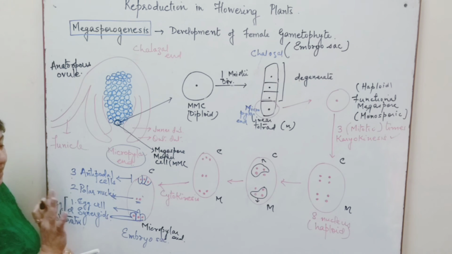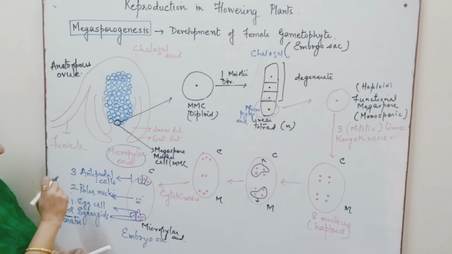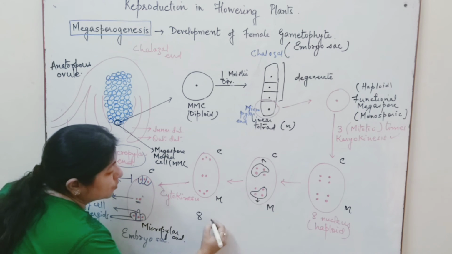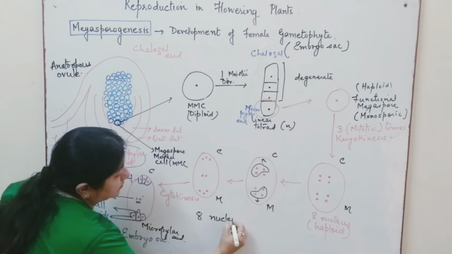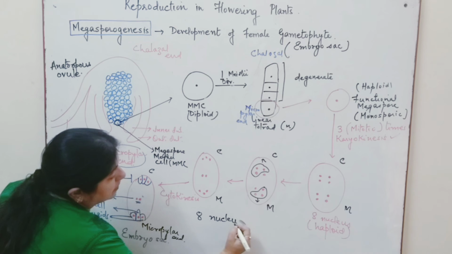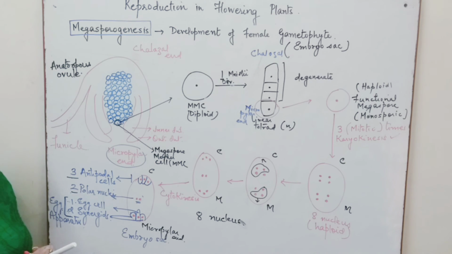Now, if you see carefully, let us count the number of nuclei in the case of the embryo sac of the anatropous ovule. There are 3 antipodal cells, 2 polar nuclei and 3 cells that comprise 1 egg cell and 2 synergids. So here we have 8 nuclei, or we call it 8-nucleate.